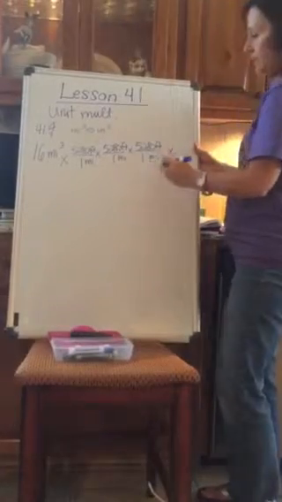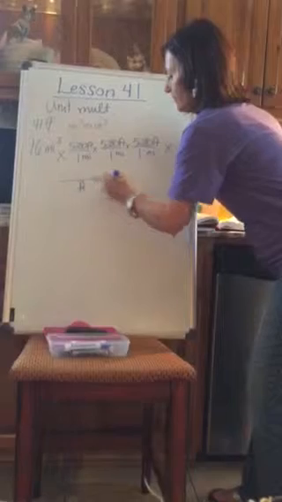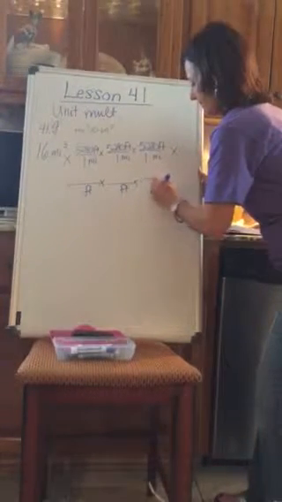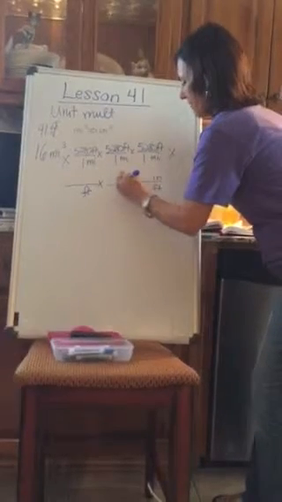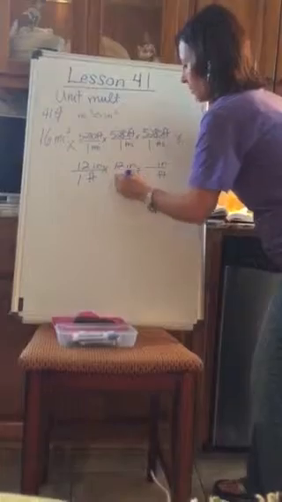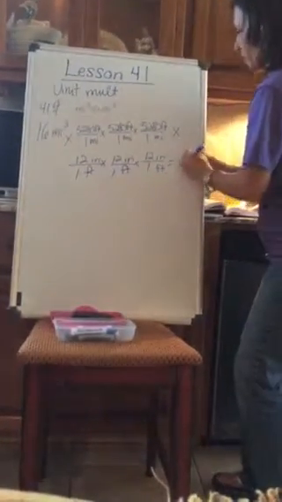And now we've got to eliminate our feet. So we have to have feet in the denominator 3 times. And we go from feet to inches. We know there are 12 inches in 1 foot. And that gives us our inches cubed.